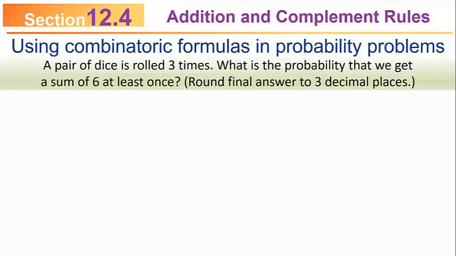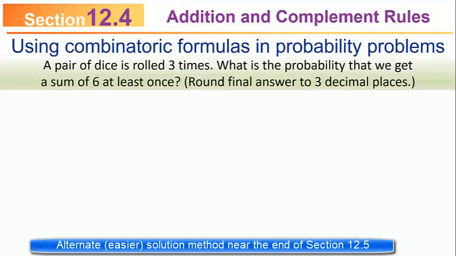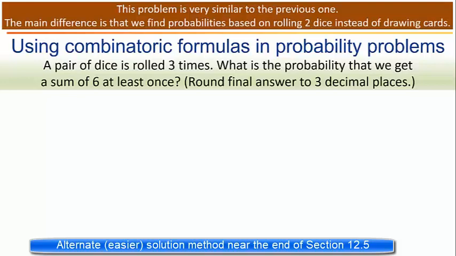decimal places. We worked a problem similar to this before, except that we didn't roll a pair of dice, we just rolled 1 die. But I do want to go back and remind you of all those similarities. Not only is it similar to that one, but it's also very similar to the one we just worked with cards. The difference there is that we're doing probabilities based on 2 dice here instead of drawing cards from a deck.